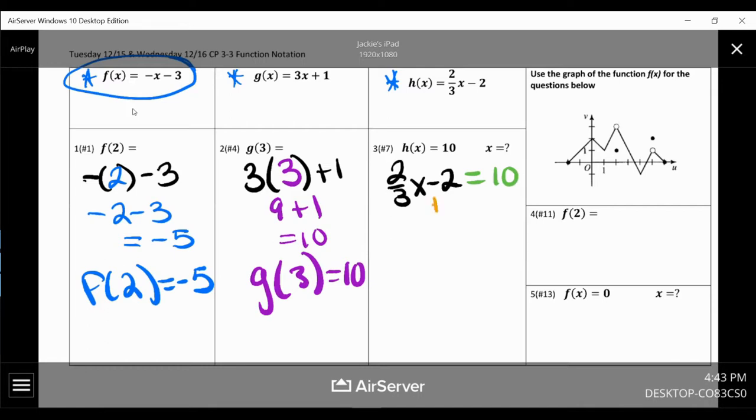So first we have to add 2 to both sides. Some of you might want to eliminate the fraction. That's fine. You need to multiply all three terms by 3. But solving this two-step equation by multiplying by the reciprocal is also a relatively simple option. 12 over 2 is 6 over 1. 6 times 3 is 18.